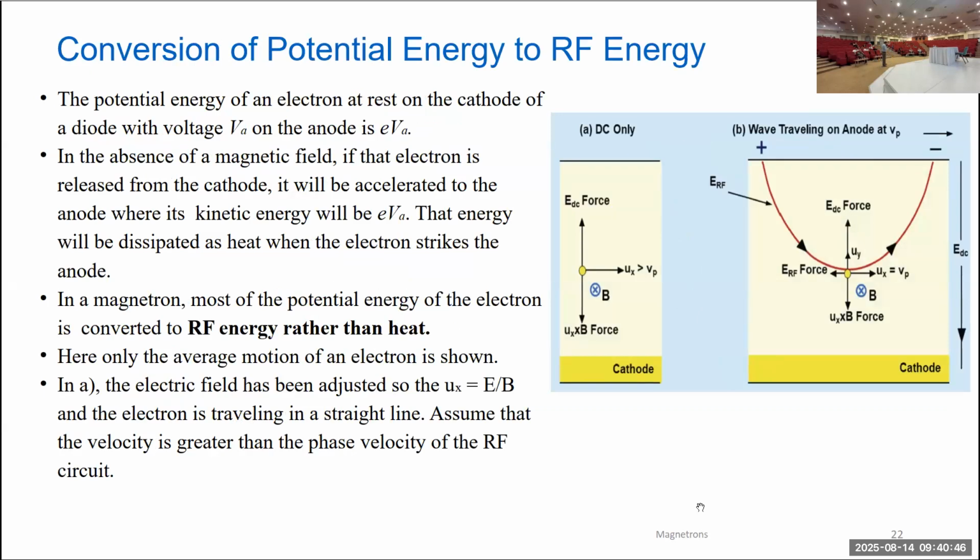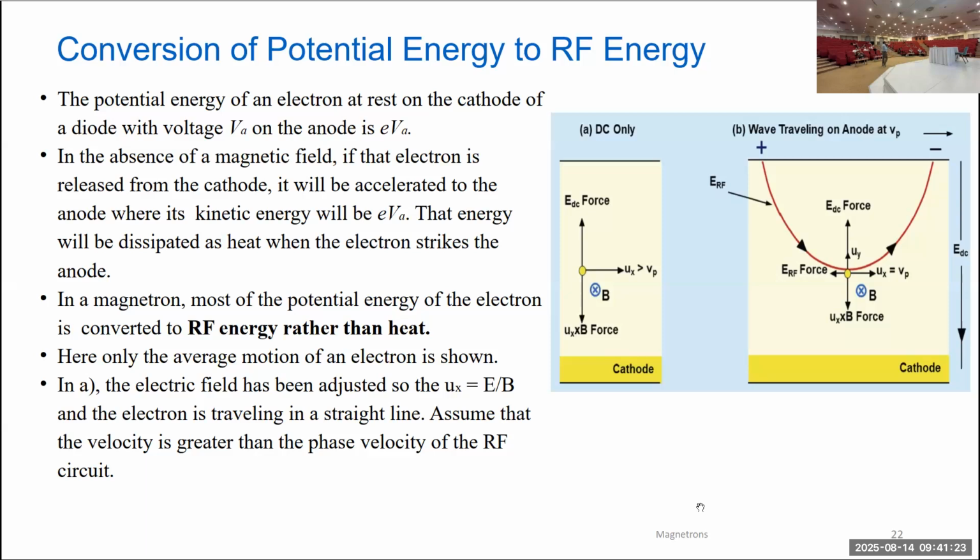Now, how is the RF energy extracted from this potential energy? The potential energy of an electron is provided by the magnetic field, and we have applied an anode voltage. So these two fields provide the potential or kinetic energy to the electrons moving in the spoke.